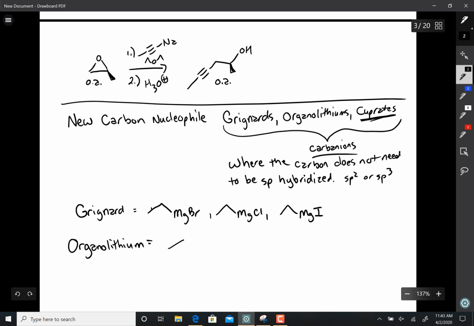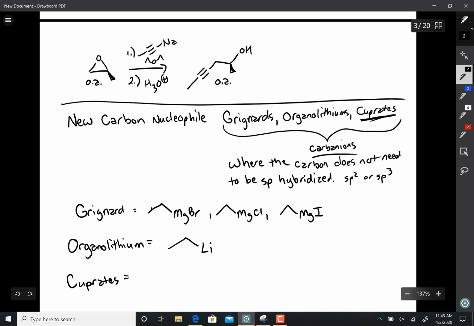Organolithium is much simpler than that. It's basically a carbon bonded to a lithium. The cuprates. These are a lot more difficult, so we're not going to have you memorize the structure of these cuprates.